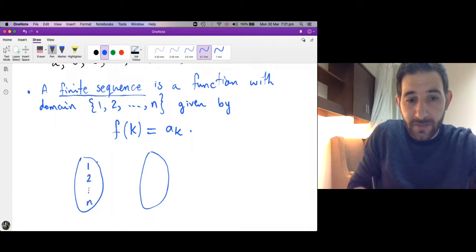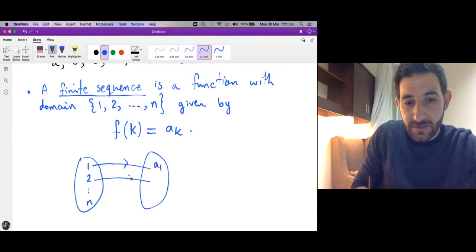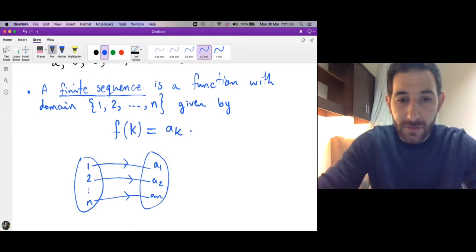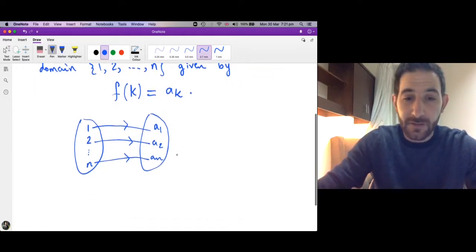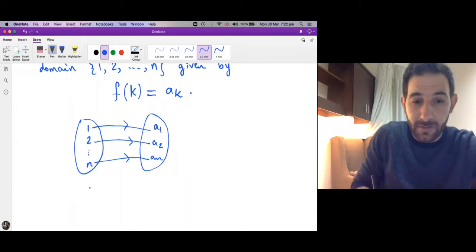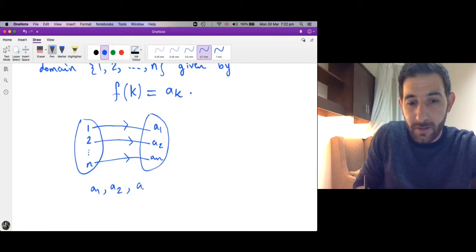The image of 1 is a1, the image of 2 is a2, and the image of n is an. If you look at the range of the function, then the range will be the finite sequence a1, a2, a3 up to an.